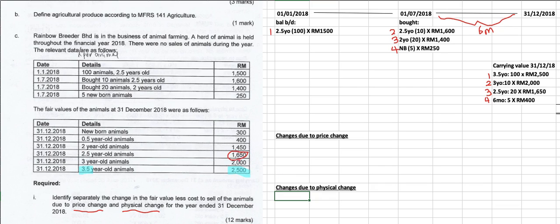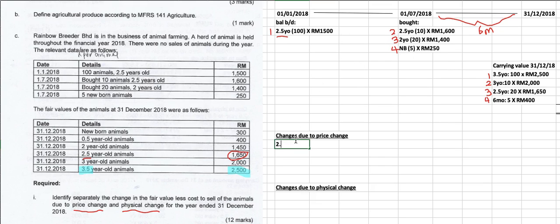Alright, so we are comparing the price at the end of the year, 1,650, with the price when you acquire the BA, at the same age group, 2.5 years old and 2.5 years old. The first thing you do is copy the age first. You will have 4 groups.